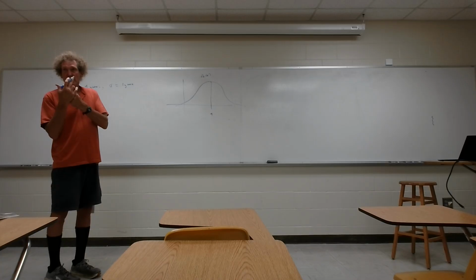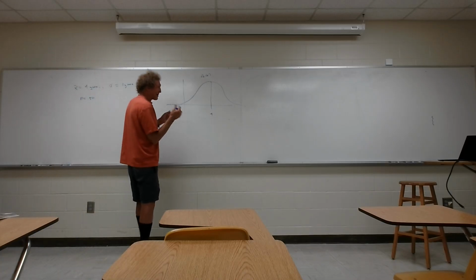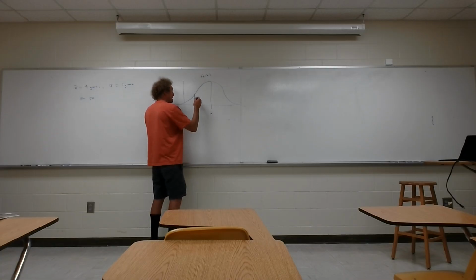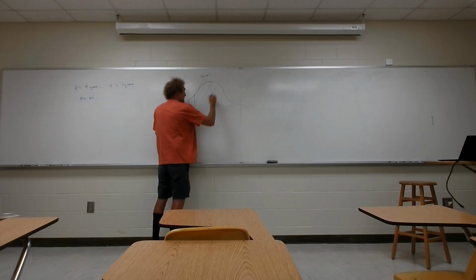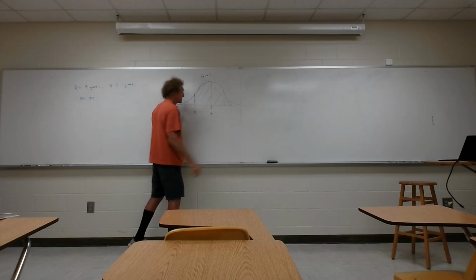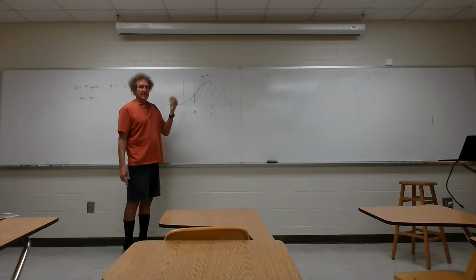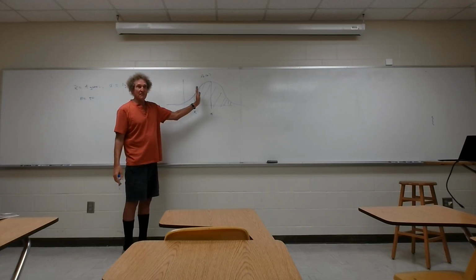Yeah, at least 4 years. So no matter where you are, call it this value right here, he's saying that he's got a certain level of confidence, a certain area. The area that I'm showing you, that area times 100, would be the confidence he has in the values, with me?